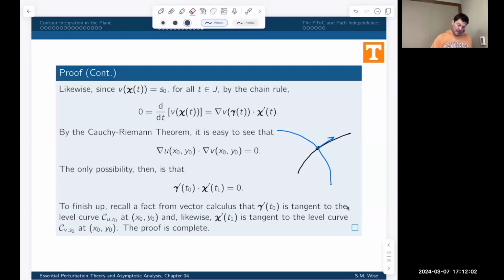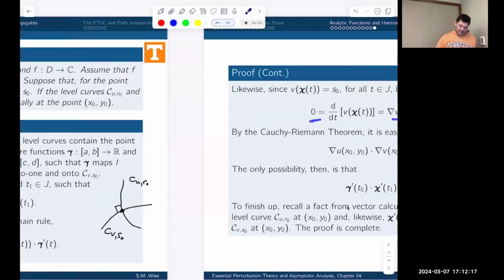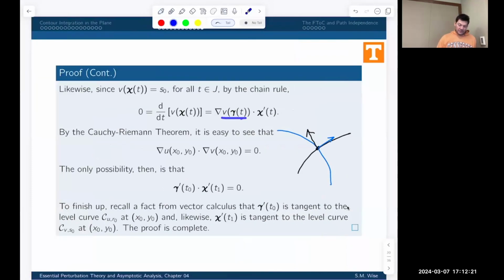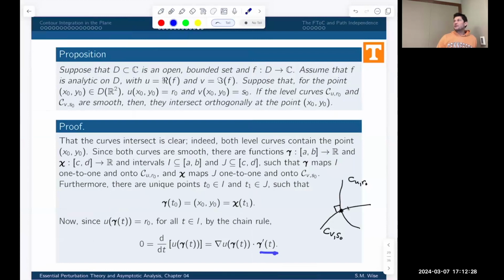And for the black curve, take the gradient. I know that this is perpendicular already to this vector, and this one's perpendicular to this vector. If they're mutually perpendicular to each other, then these two vectors also have to be perpendicular to each other.